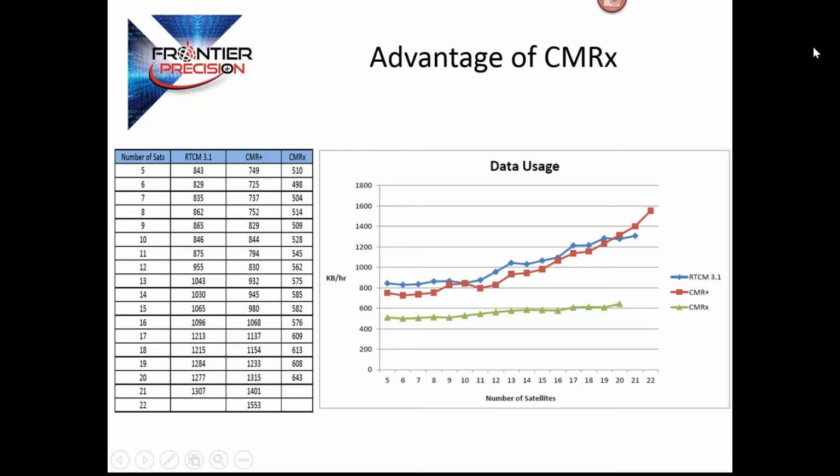So that is a huge advantage of the CMRX. It keeps your data usage very, very small. But you could even see with CMR Plus at 20 satellites, if we go over to our chart on the left, CMR Plus is going to be about 1,300 K per hour. So even on 50-hour work weeks, you're going to be less than 500 megabytes in a month. So 1 gigabyte plans should be sufficient for everyone.